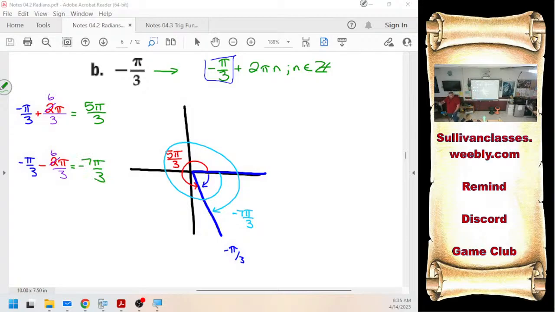If you need to just show it off to the side, literally this plus 2 pi, this minus 2 pi. Sometimes it helps to have it written out. Sometimes you're cool just putting it on your picture.